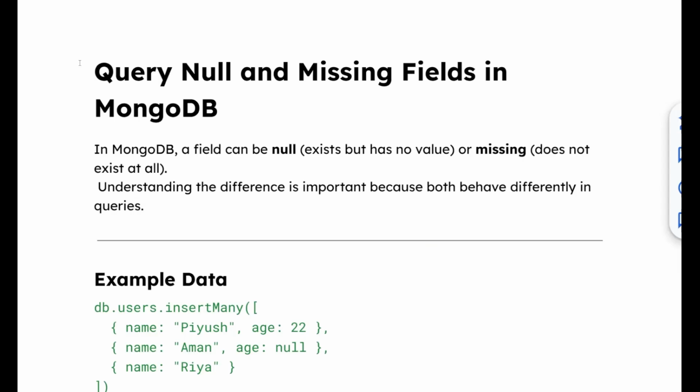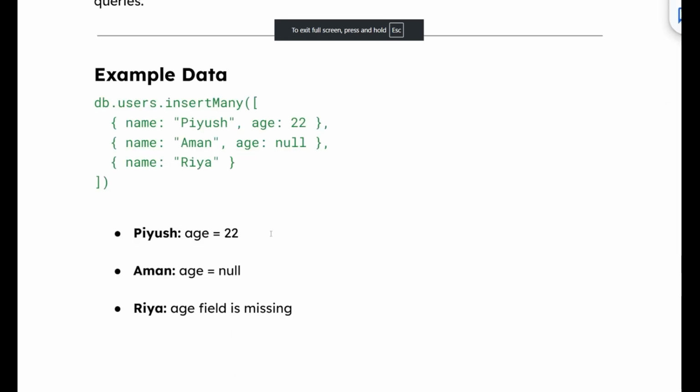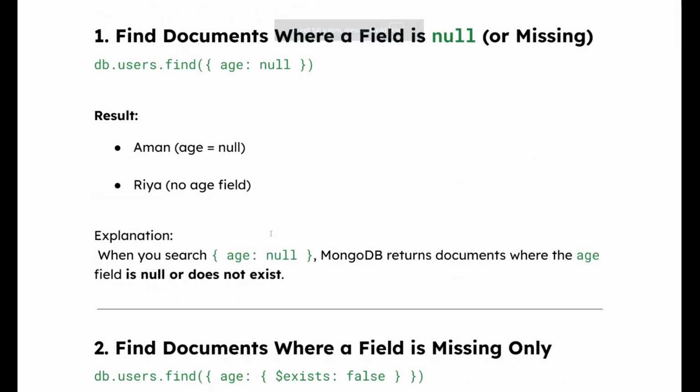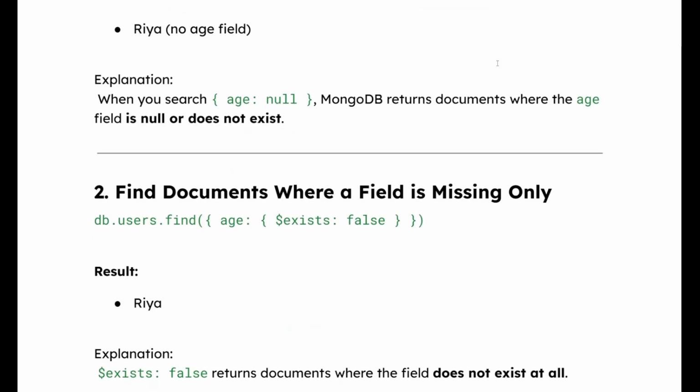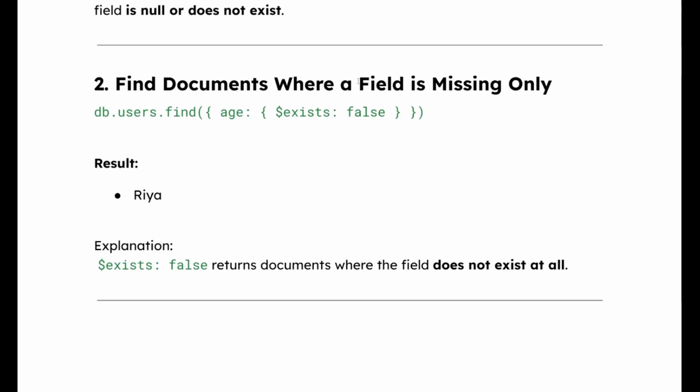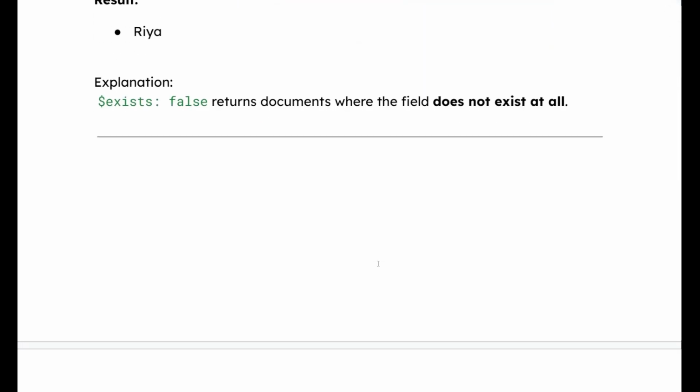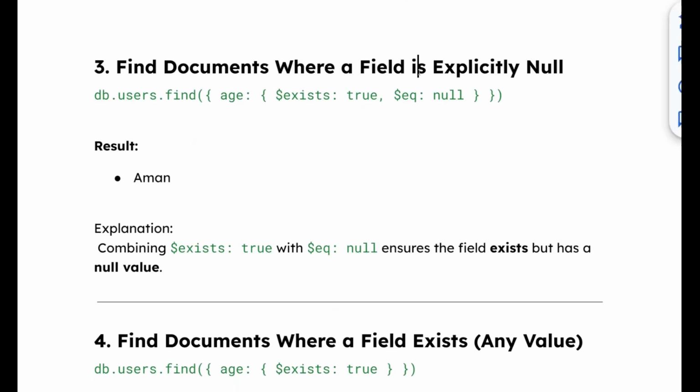So let me take you to the notes. You can read it from here also. This is for when the field is null, when you want the field to be missing, and when you want the field to be explicitly null. This is how we deal with it.